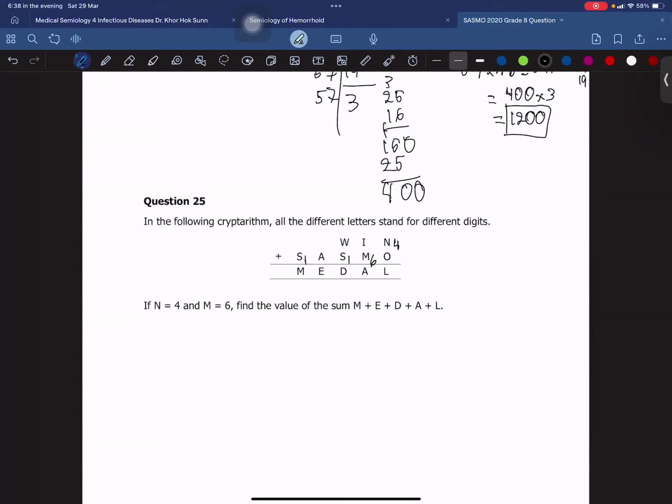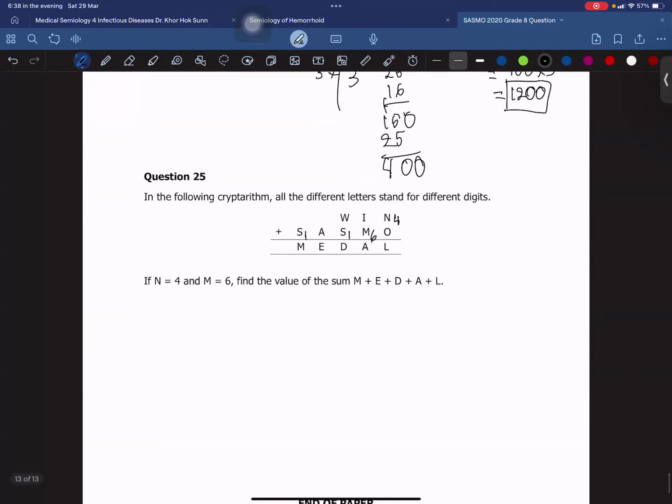So let's zoom that. So m is going to be 6 and n is going to be 4, and after that, what do we have next? In this kind of exercise we need to analyze something. So what if there's a carry in here?